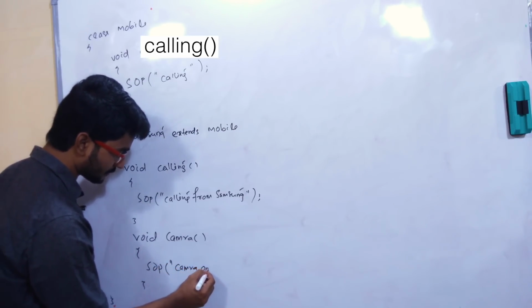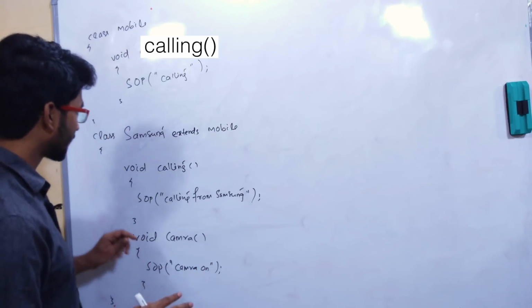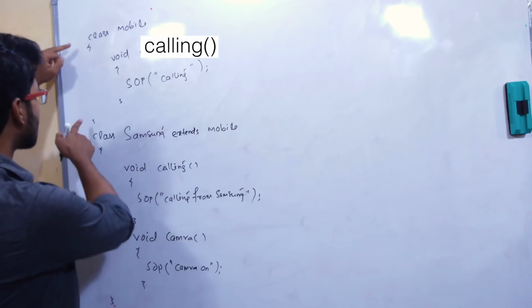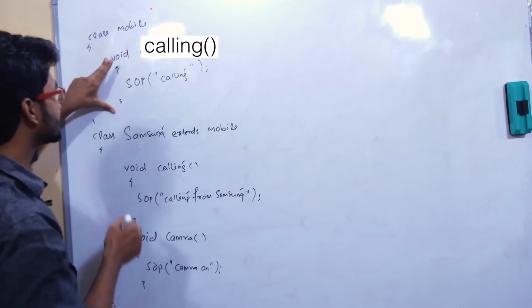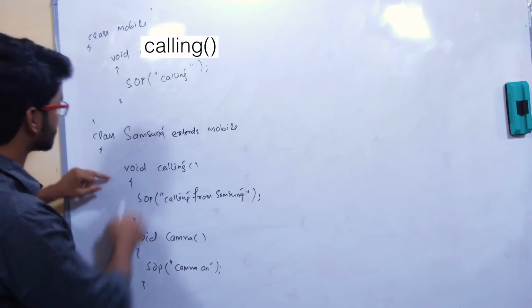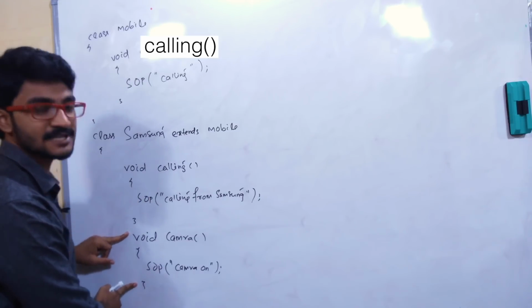Just a dummy implementation, nothing else. So Samsung has a parent class which is Mobile. Mobile has one function called calling, and the Samsung class overrides calling and has an extra feature which is camera.